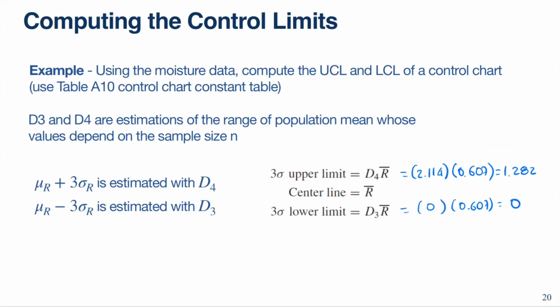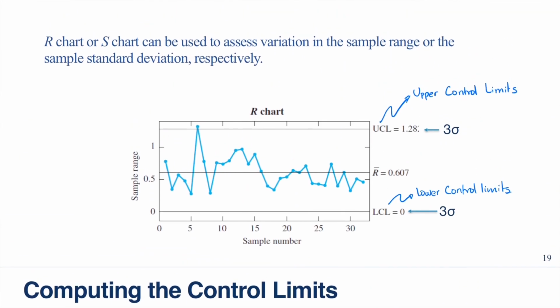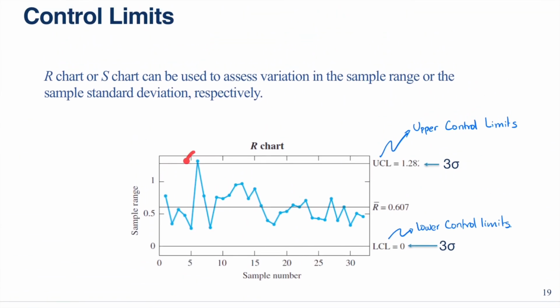Once you compute the upper control limit and the lower control limit and you plot your data, you have to identify the points that are out of the limits. In this case, it corresponds to this sample, sample number 6. So you have to look and address what the problem with sample 6 was, what happened in that moment. The door was opened, or the material wasn't the right one, anything could happen.